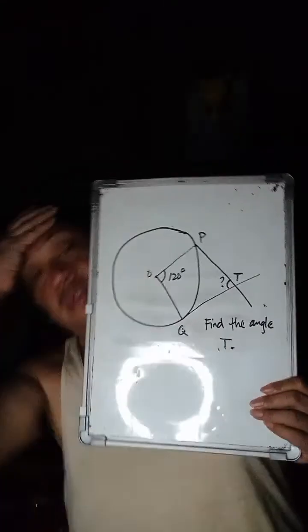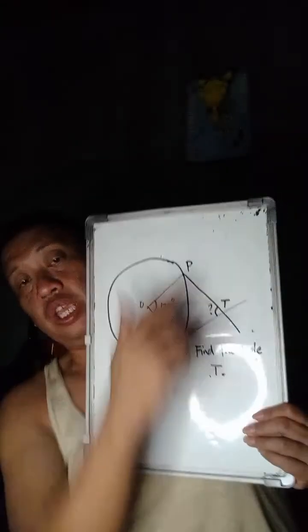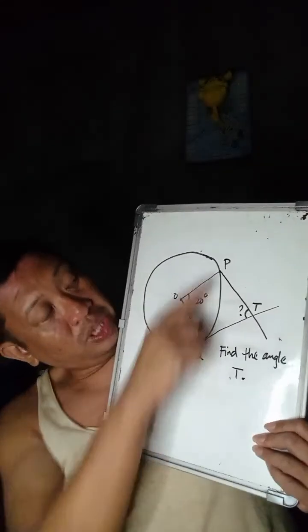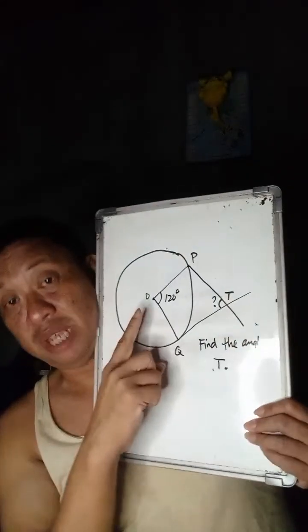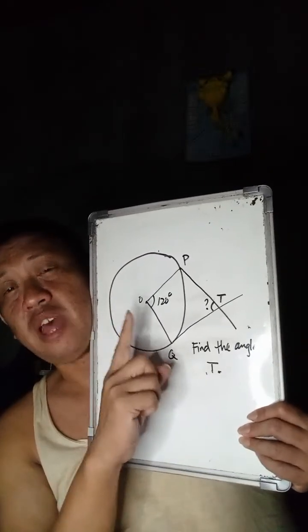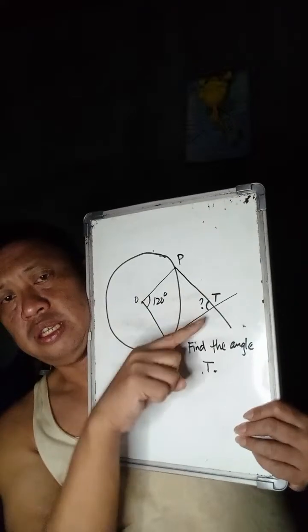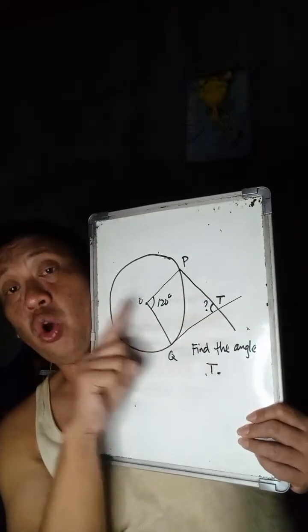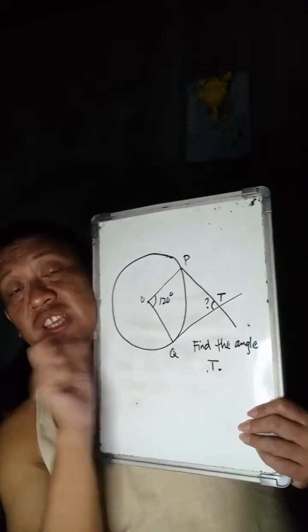The problem that I found looks like this. So imagine there is a circle here and there is a given angle of 120 degrees within POQ, O being the center of the circle. Now, we are trying to find angle T, which is opposite of this central angle.